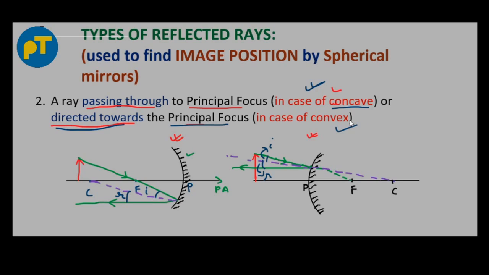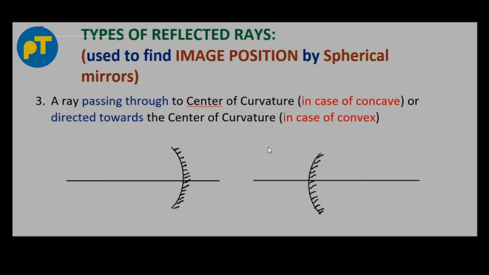Okay, next. The third type is similar to the previous one, but not exactly the same. Here we are more focused on the center of curvature, both in case of concave and convex mirror.